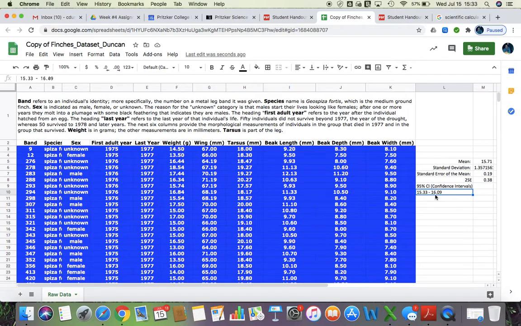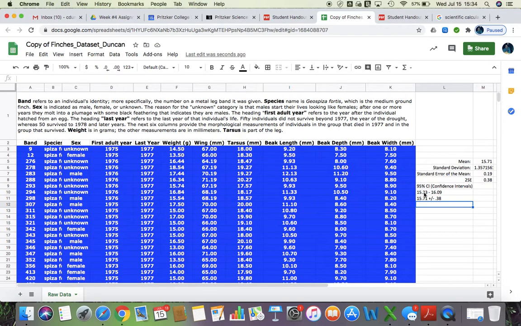So I can represent it this way, or I can represent it like this. I can say it is plus or minus 0.38. So I can either put in the actual, what would I call this?